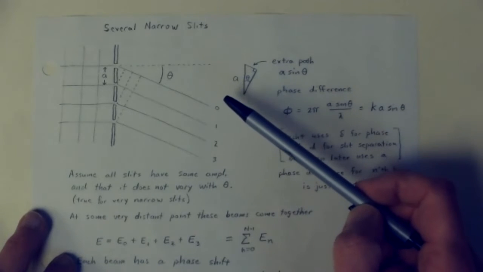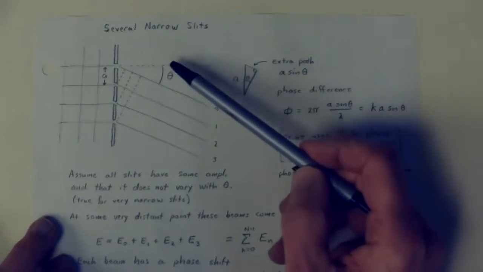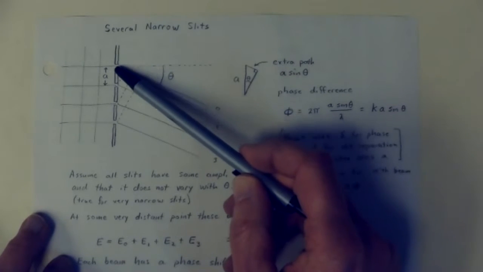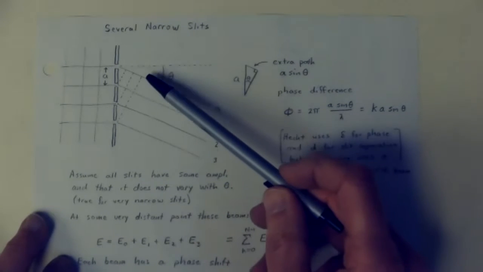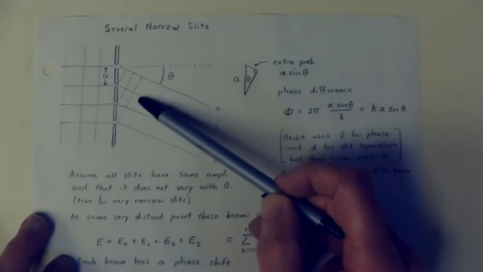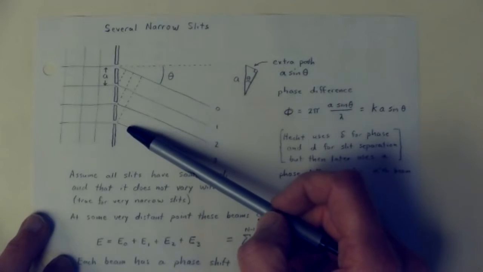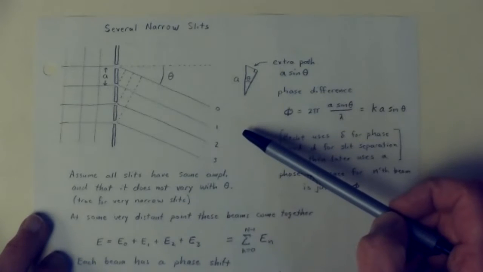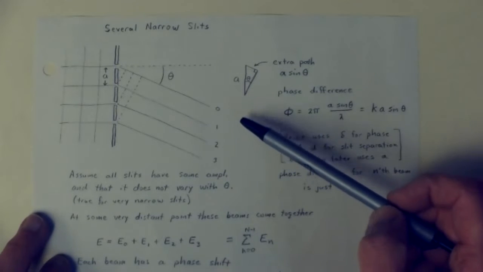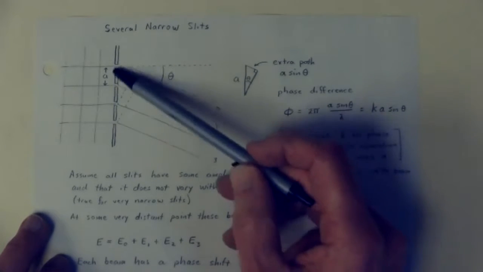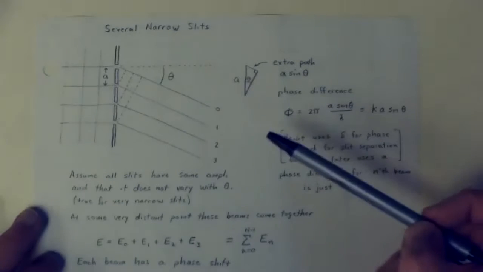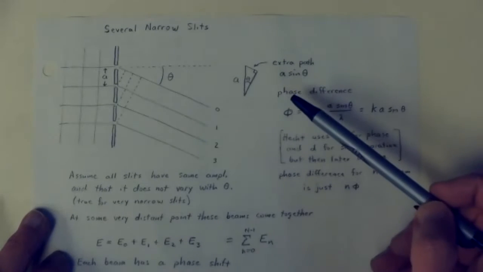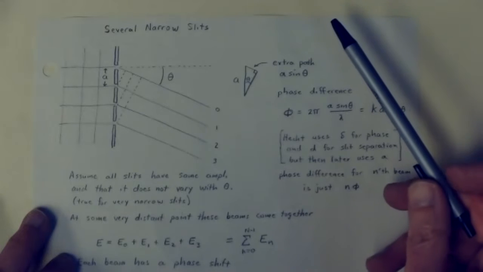And so we're not going to worry about how the intensity changes with angle due to the individual slits. We're only going to look at how they interfere with each other. So we'll treat each of them essentially as a point source radiating in all directions. But they're coherent. They all are emitting their waves coherently, all in phase with each other.